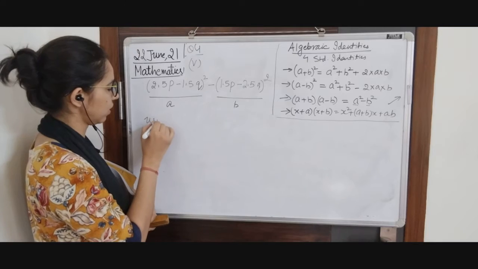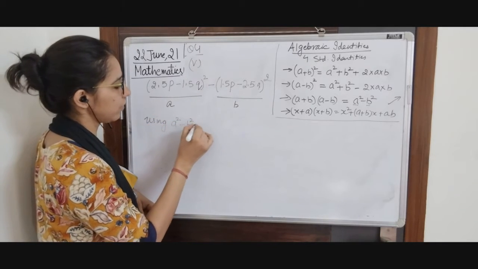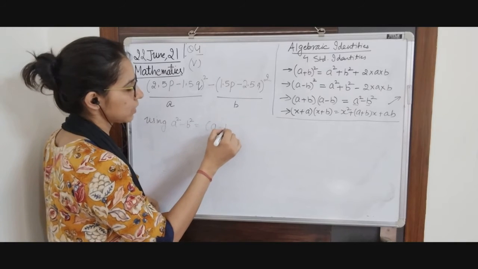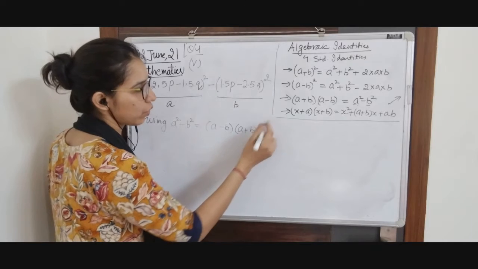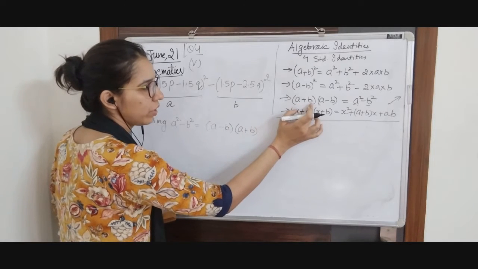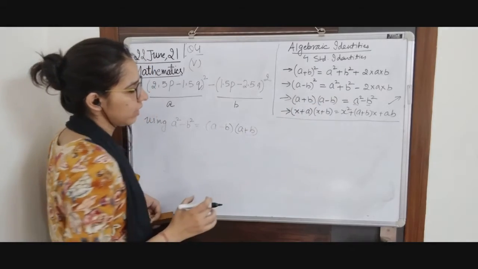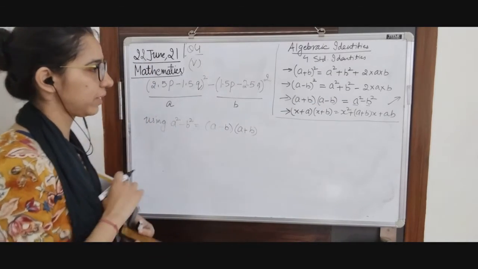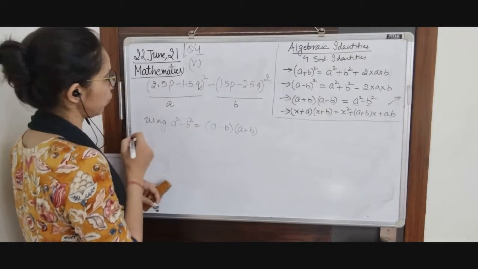Using a square minus b square is equal to a minus b, you can write a minus b before and a plus b after, or you can put a plus b before, this binomial before or later. The placement will not matter because addition is commutative.